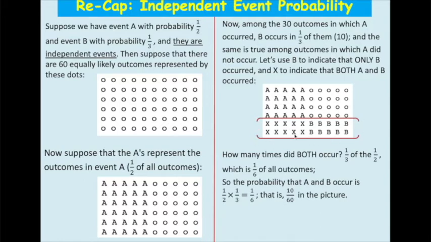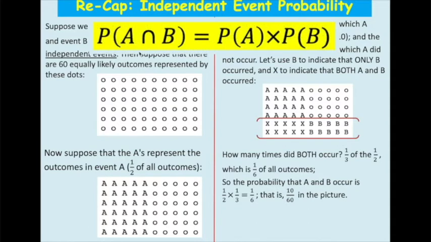So half of 1/3 is also equal to 1/6. Therefore, the probability that A and B occur is 1/2 multiplied by 1/3, which is equal to 1/6. That is 10 over 60 in this picture here.